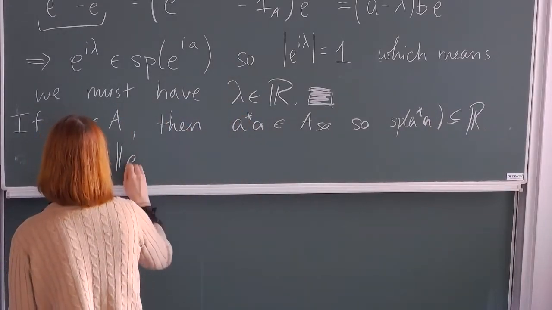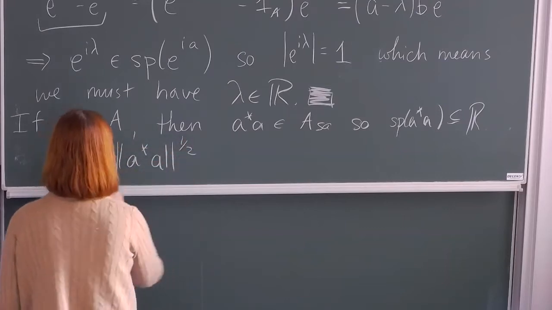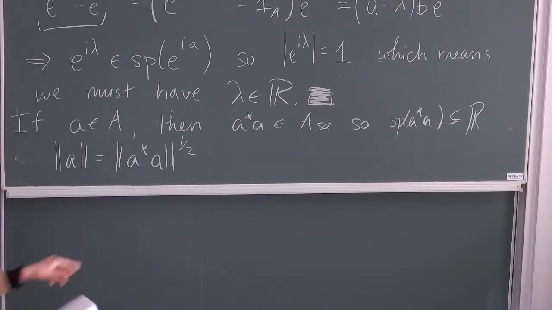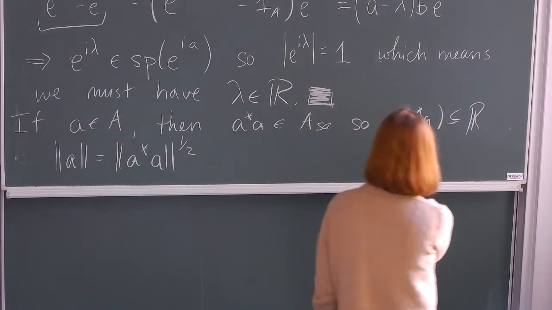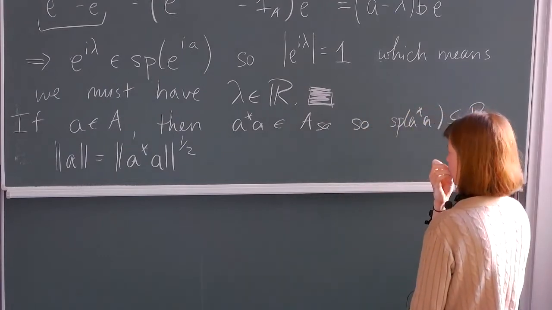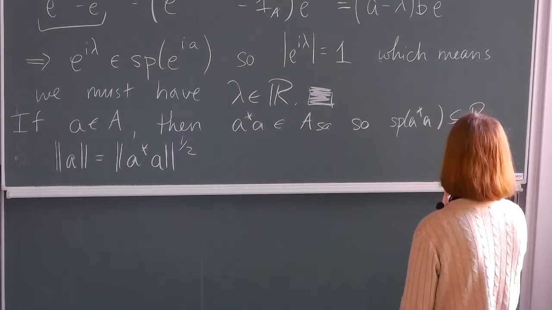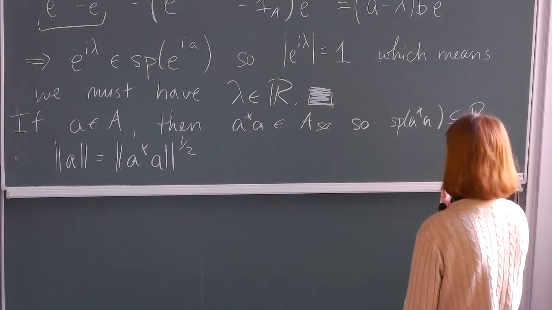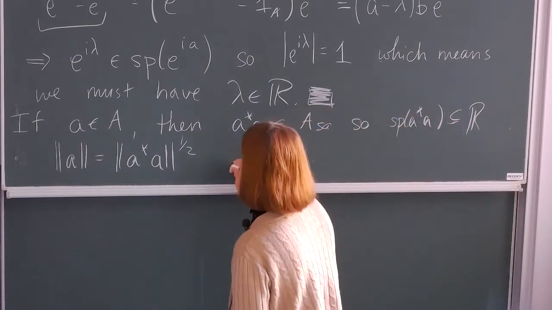And we have the C-star identity telling us that the norm of a is just the norm of a star a to the half.